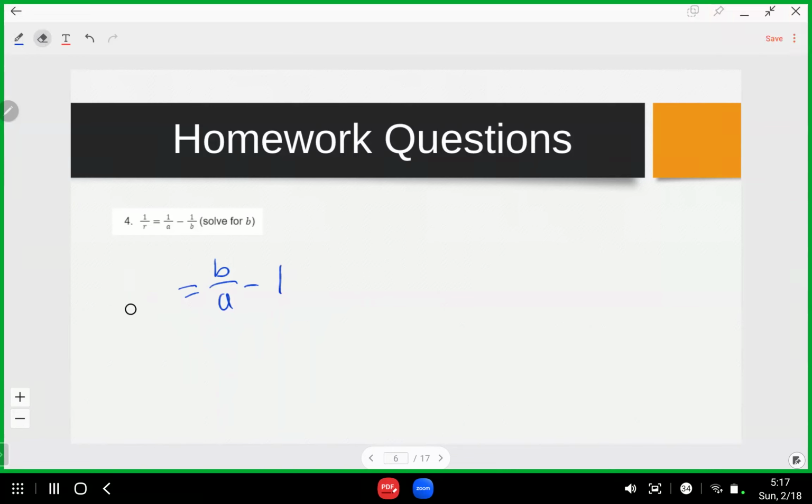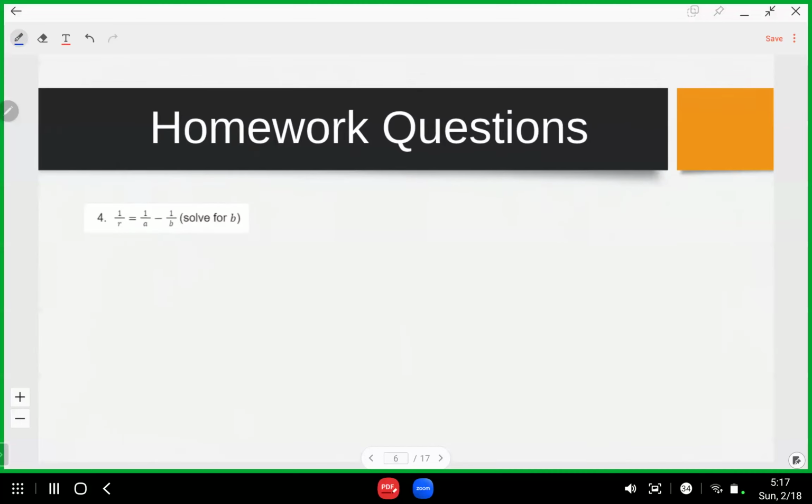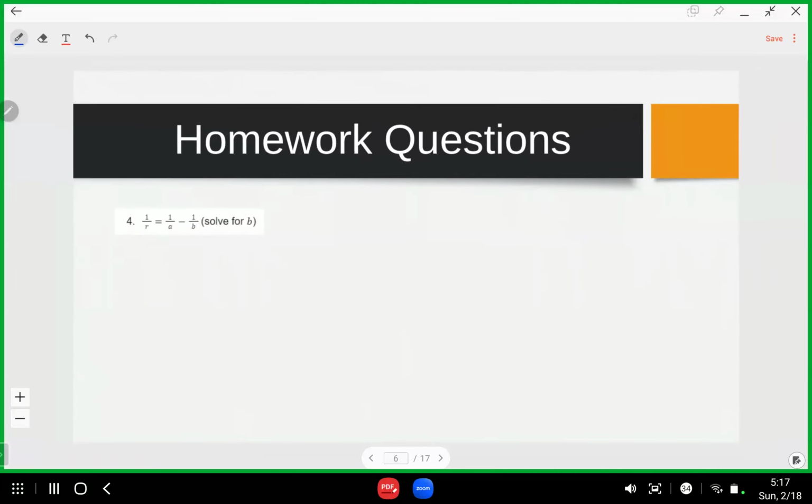There's still a b here, still a fraction. So what do you have to multiply by? You have to multiply by all of these, actually. So let's multiply by rab. What do you get if you multiply by rab?